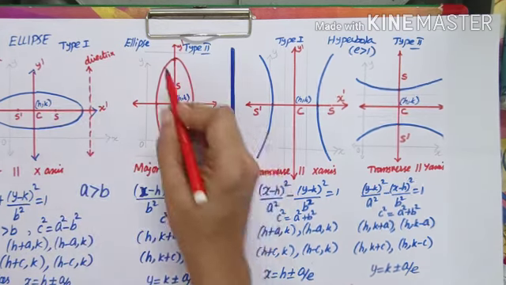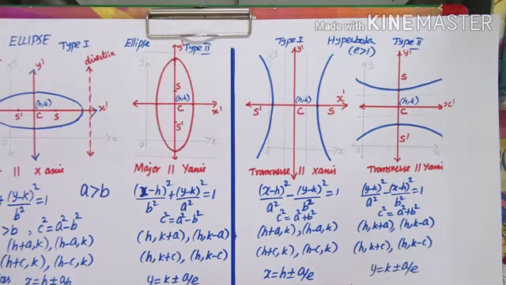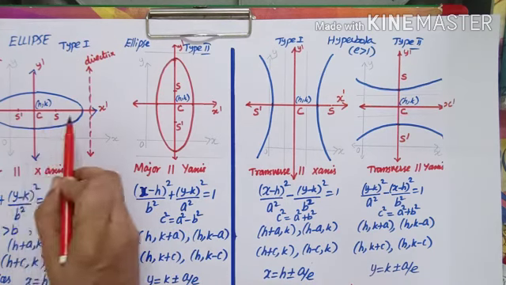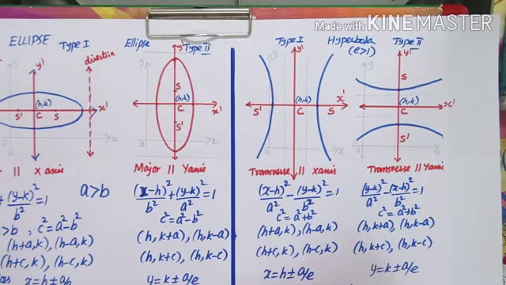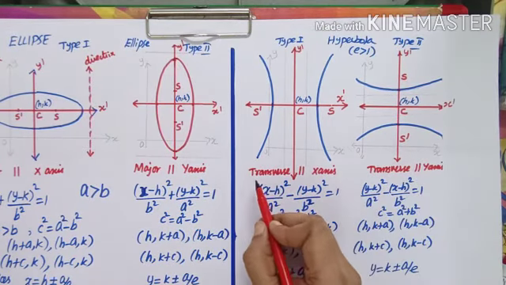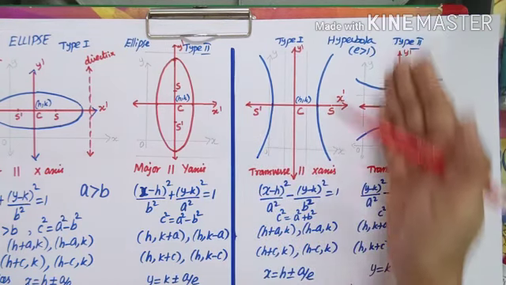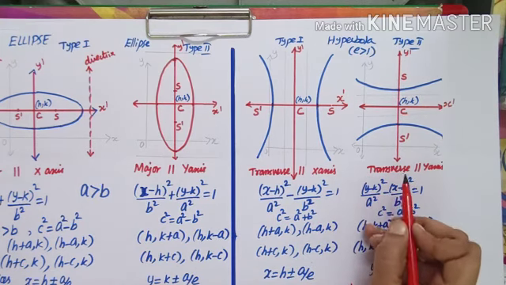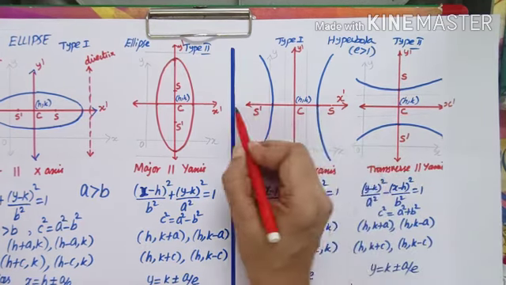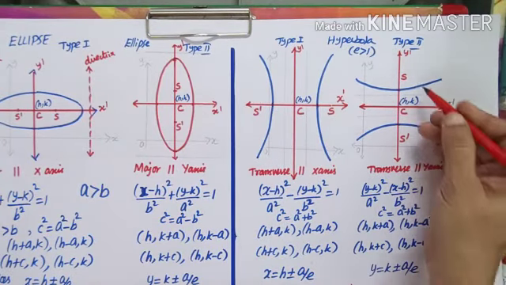X dash, y dash only everywhere we mark. So here I say major parallel to x-axis first type, major parallel to y-axis second type. Whereas here, transverse parallel to x-axis first type, transverse parallel to y-axis second type. The word transverse means the line that is cutting the curve. This is the line that is cutting the curve. Here, this is the line that is cutting the curve.